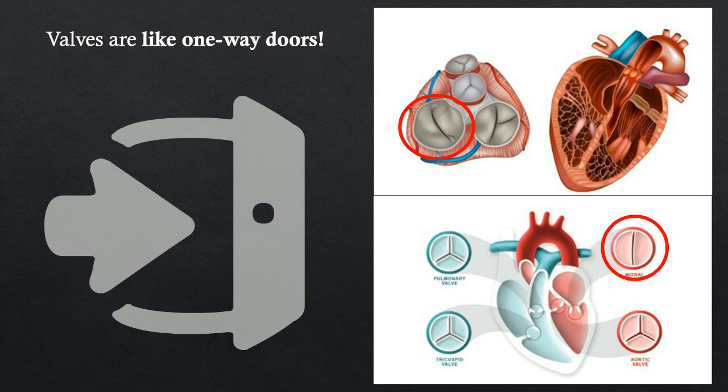The leaflets of the mitral and tricuspid valves are also supported by tough fibrous strings called chordae tendineae. These can be compared to the strings supporting a parachute. They extend from the valve leaflets to small muscles called papillary muscles, which are part of the inside walls of the ventricles.